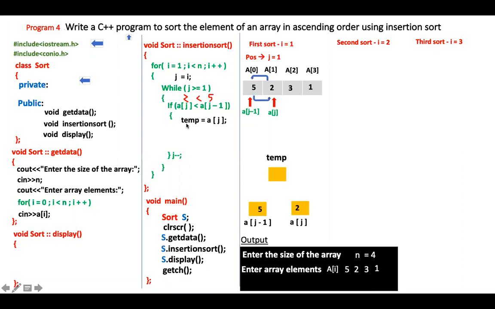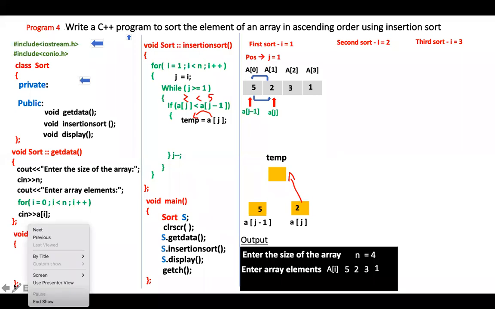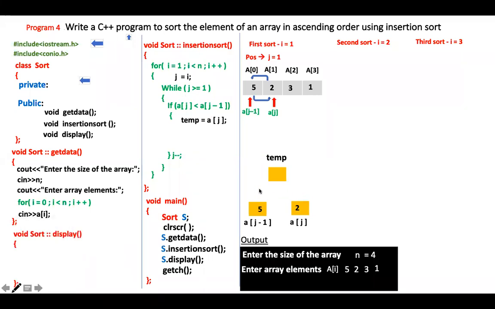You should write temporary variable is equal to A of J. Whenever you make a statement like this, the A of J value will be stored in the temporary variable. So this 2 value will be saved in our temporary variable. Now 2 gets copied to my temporary variable. The meaning of temp is equal to A of J is nothing but the A of J value gets saved to my temporary variable.